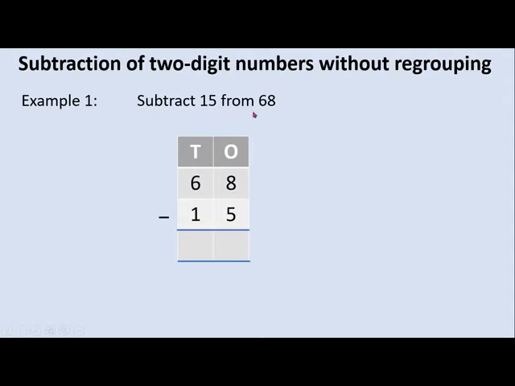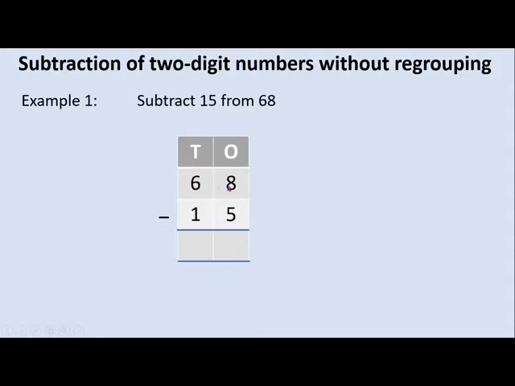Subtracting 15 from 68 means you have to take out 15 from 68, and 68 is a larger number than 15. So while writing, you should write 68 above and you should write 15 below 68 as shown here.